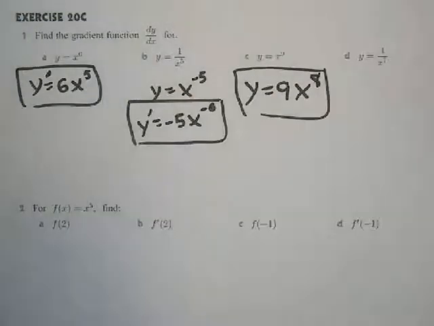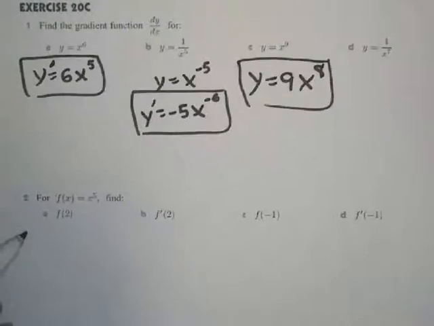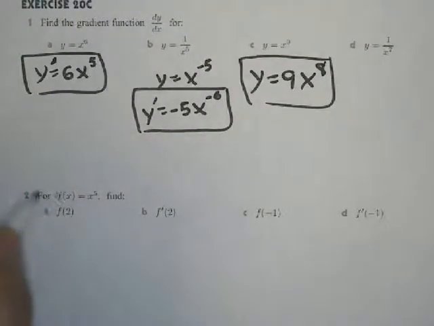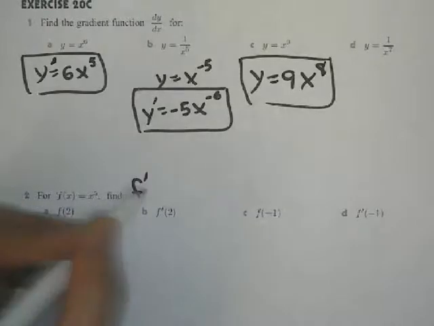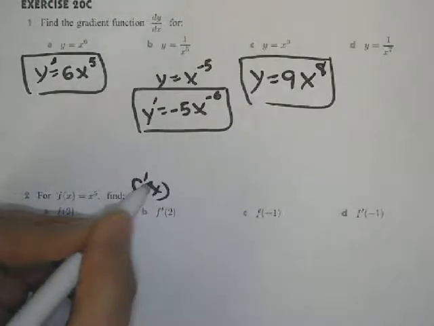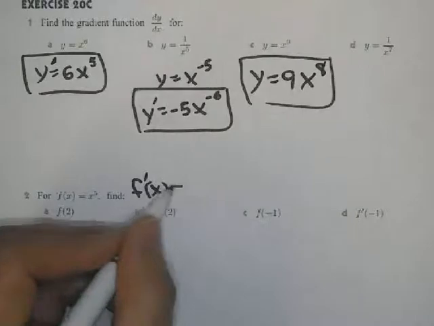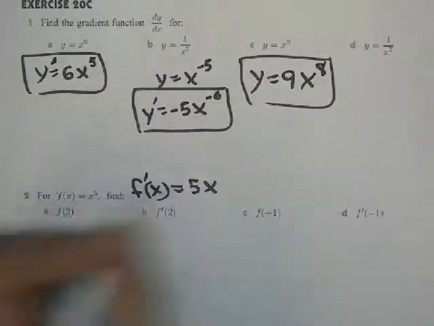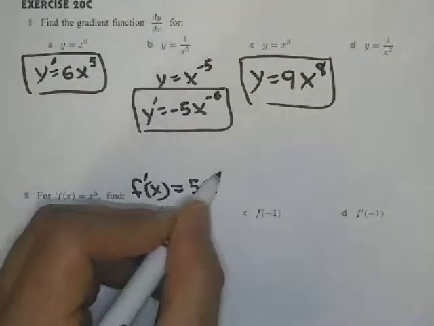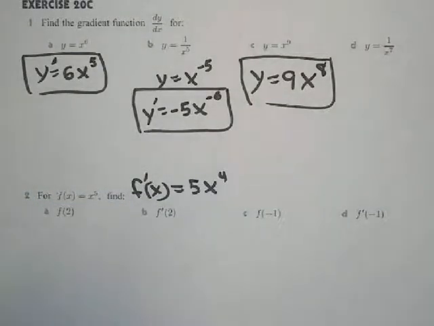Let's look at number 2. So first of all, I need to take the derivative of this. So f prime of x is equal to, power comes to the front, power decreases by 1. So x to the 4th. All right.